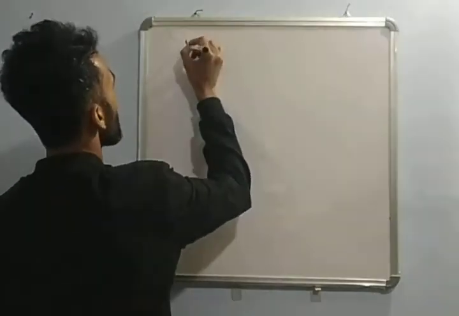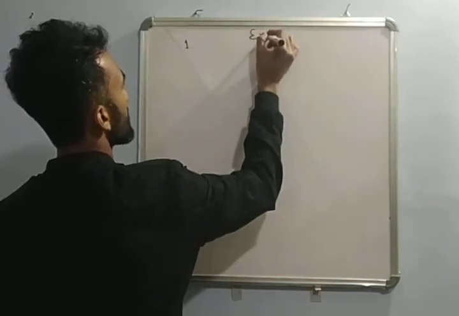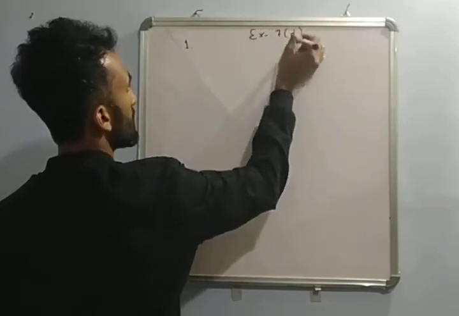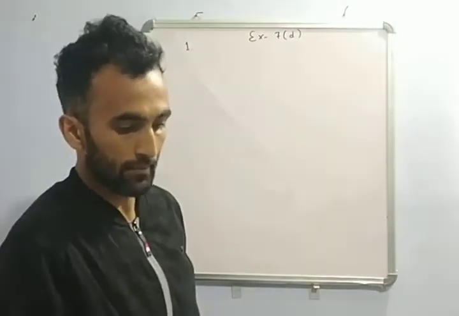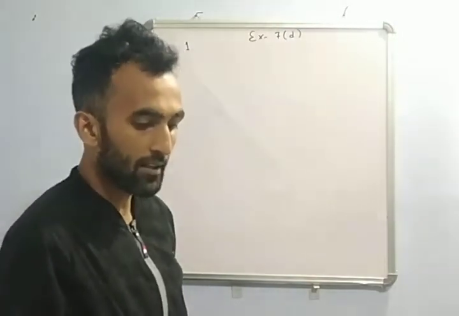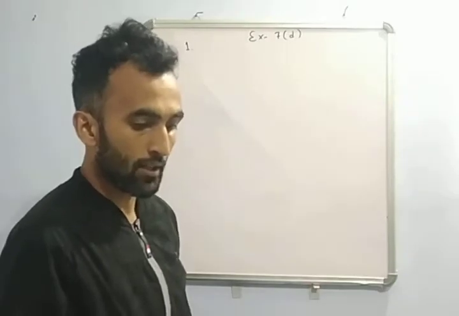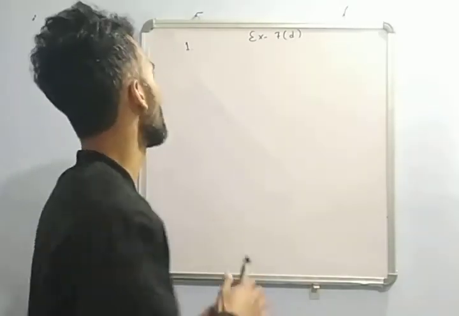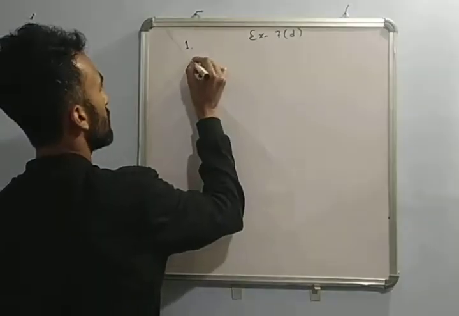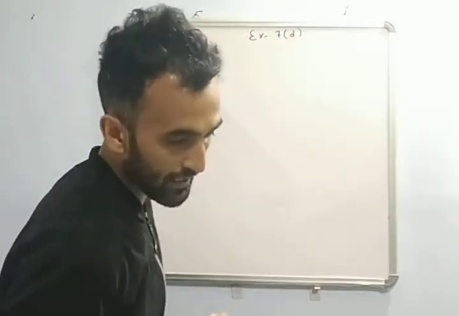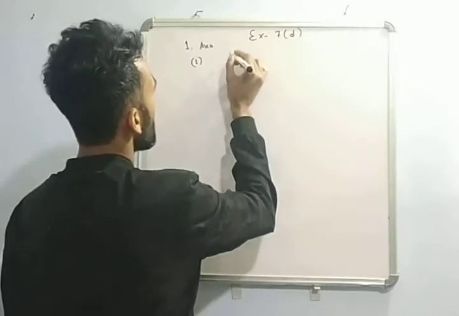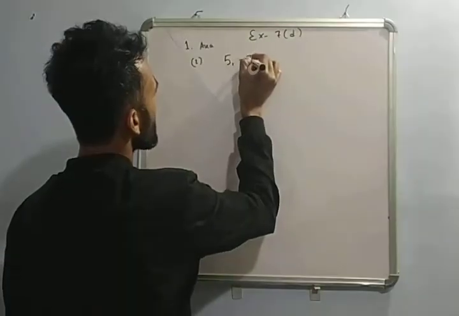Now, first question in exercise 7D. Find the area of the triangle whose vertices are, sub number 1: 5, minus 7.